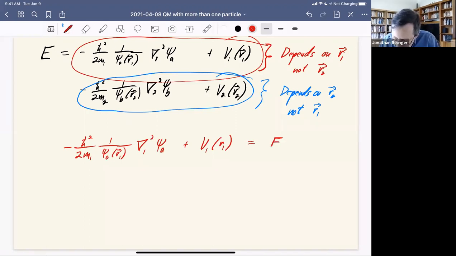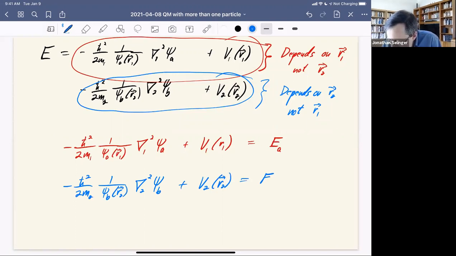Let's call it E sub A. And likewise for the blue stuff, minus h bar squared over 2m2, 1 over psi B of R2, this Laplacian of psi B, plus V2 of R2 has to be some other constant, E sub B. And those two constants have to add up to be E. So E equals E_A plus E_B.